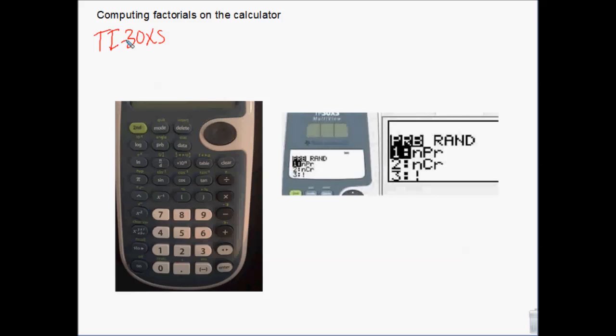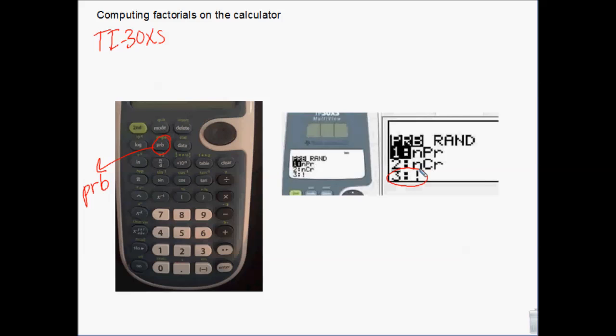But for the TIs, the first thing you want to do is press this button right here where it says PRB. Probability. PRB. Okay. When you do that, you get this screen right here where it says PRB and RAND, and then you've got nPr, nCr, and 3 with its factorial. So here's a close-up of what this screen looks like. We're going to choose the exclamation point.